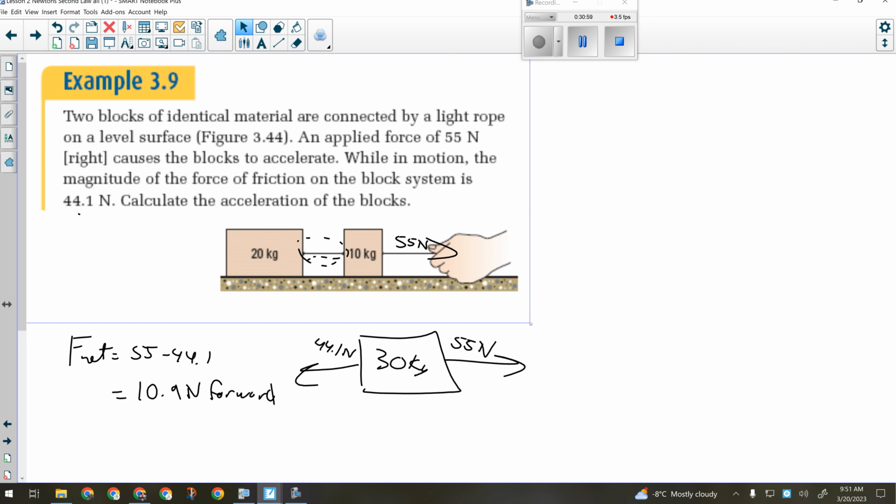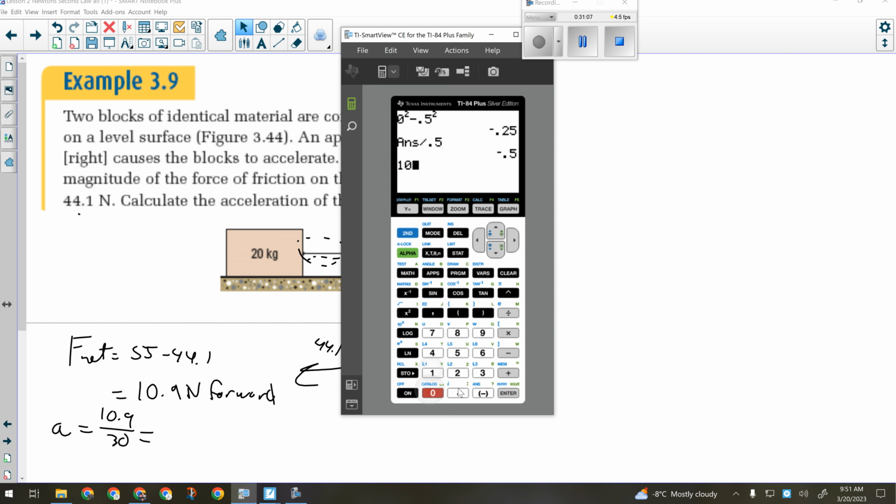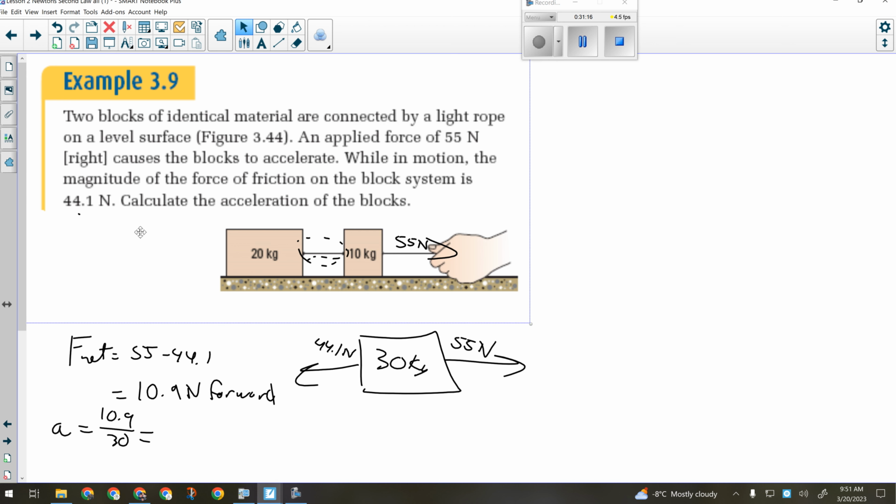Okay, and if I have that, okay, I can calculate the acceleration. 10.9 divided by 30. Okay, so I've got an acceleration of 0.36 meters per second squared.